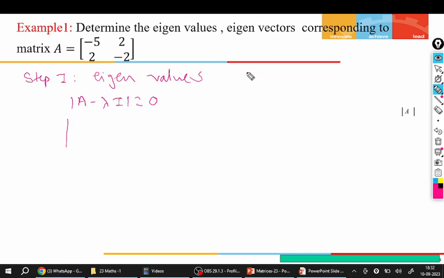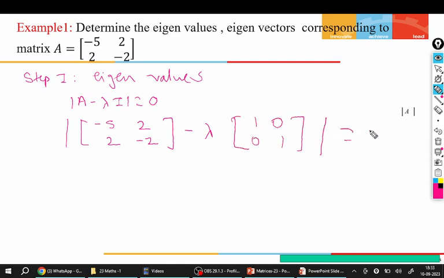Let me write it first, then you will understand it better. The matrix A is minus 5, 2, 2, minus 2. From this matrix A we subtract lambda times the identity matrix, which is 1, 0, 0, 1, and this determinant should be 0.